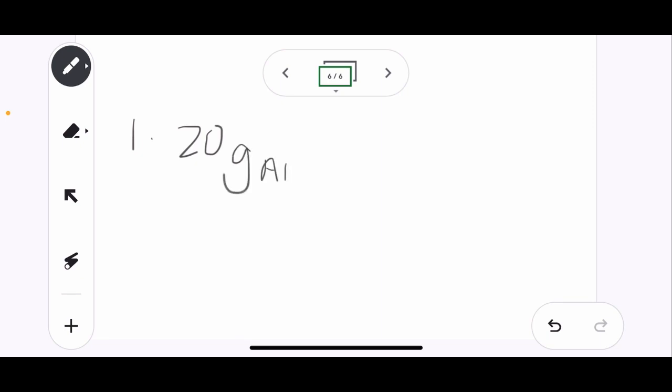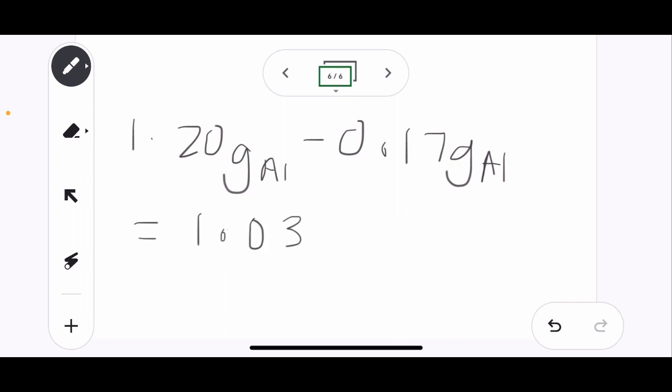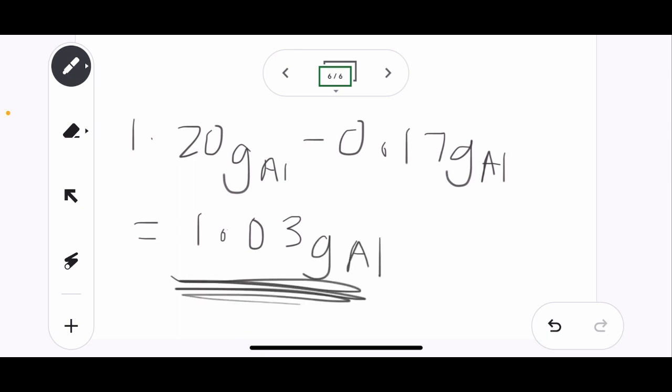This is how much we began with, and we only used up 0.17 grams of aluminum. That's how much we used up, and that equals 1.03 grams of aluminum, and this is how much of the excess reactant is left over.